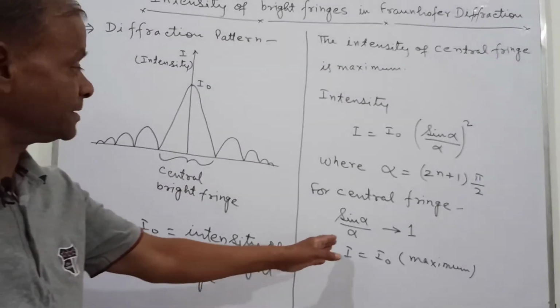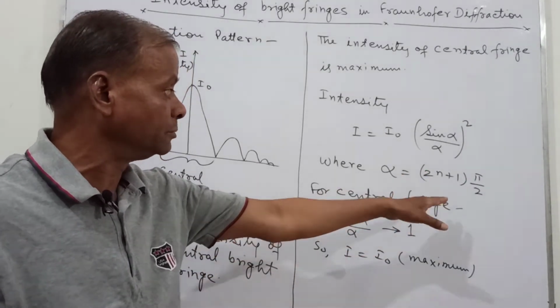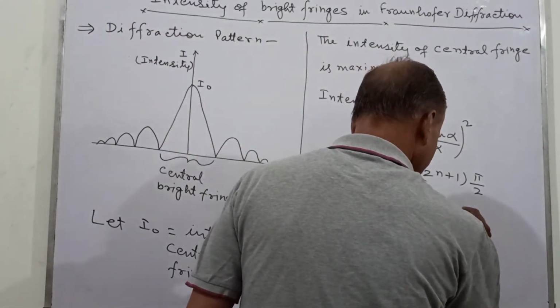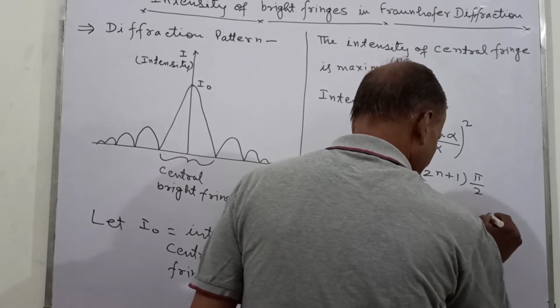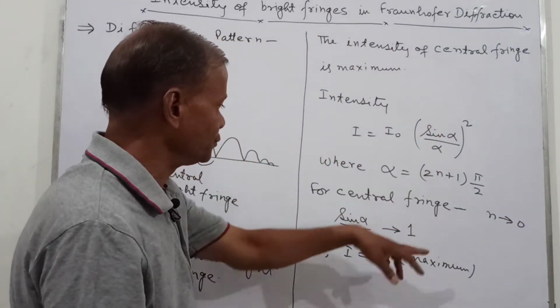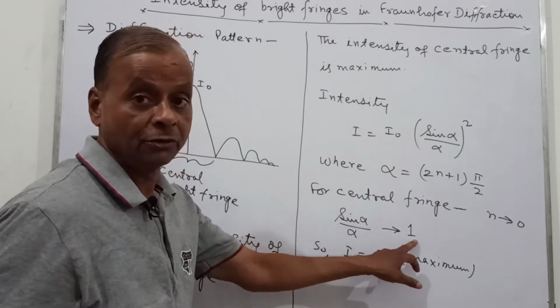So you can see that for the central fringe we are taking the approximation that n tends to 0. Now we have this sin alpha upon alpha, and this will tend to 1.